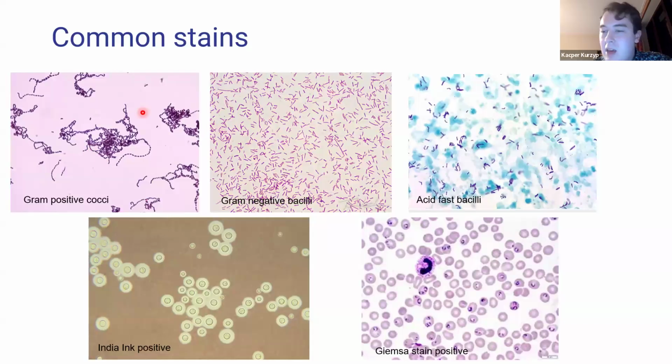However, if you have good quality stains, gram positives are very dark purple, essentially getting towards black in some areas, whereas gram negatives are towards the pink, very light purple.